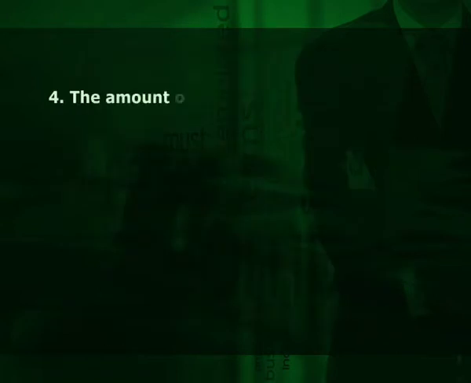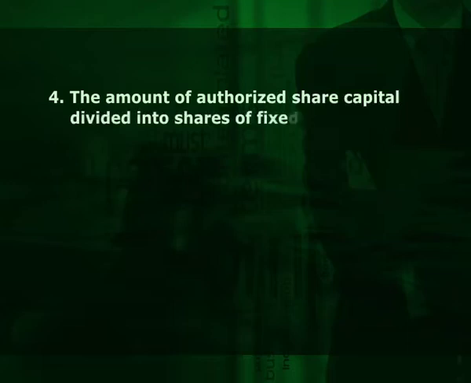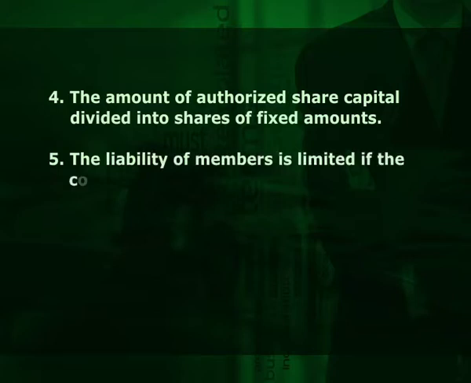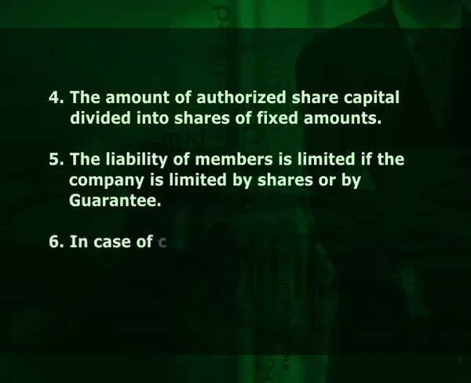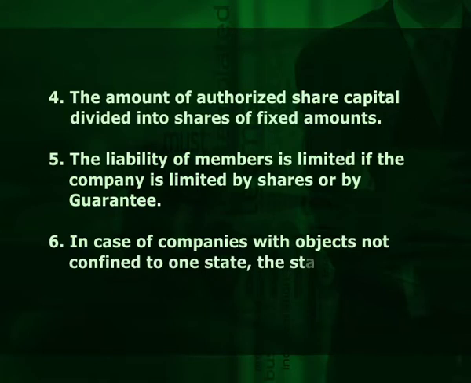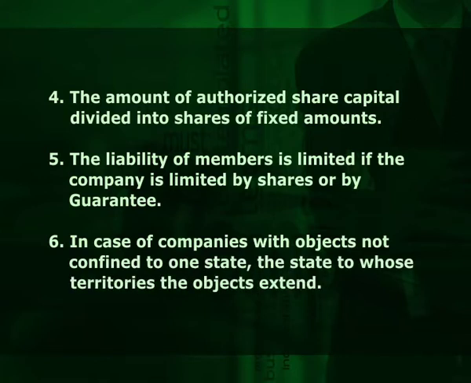The next is the amount of authorized share capital divided into shares of fixed amounts. Fifth, the liability of members is limited if the company is limited by shares or by guarantee. Sixth, in case of companies with objects not confined to one state, the state to whose territories the objects extend.